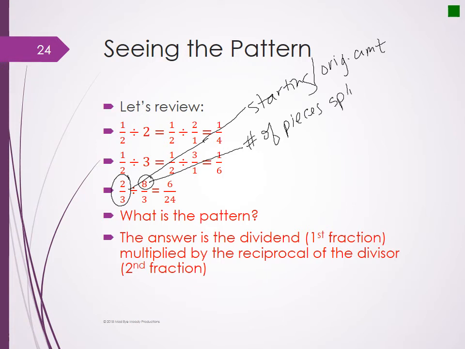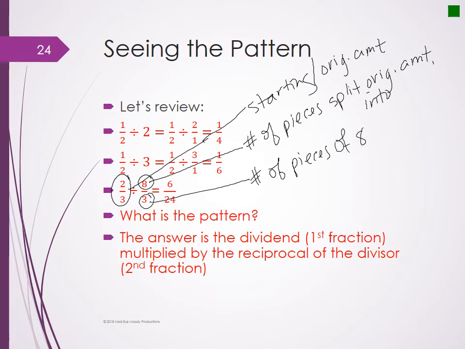I split my original amount into, and this 3 was the number of pieces of the 8 I compared to the whole. And 3 of those 8 pieces that I made from the leftover 2/3 is the same as 6 of 24 pieces of the whole. So it's 6/24 of the whole.